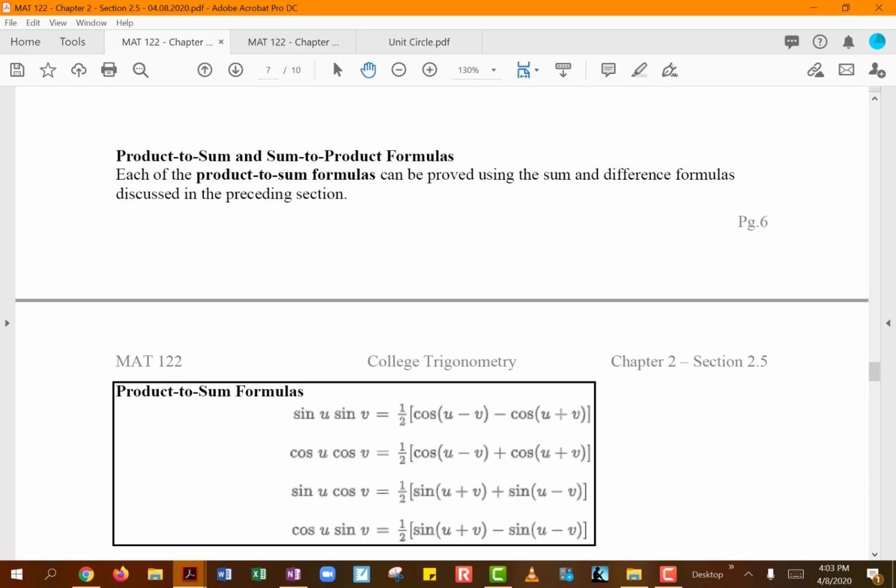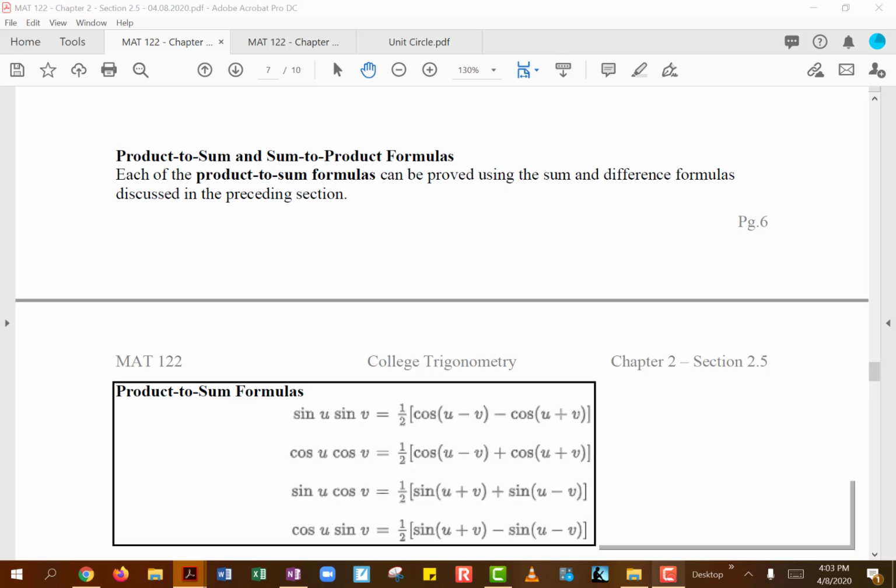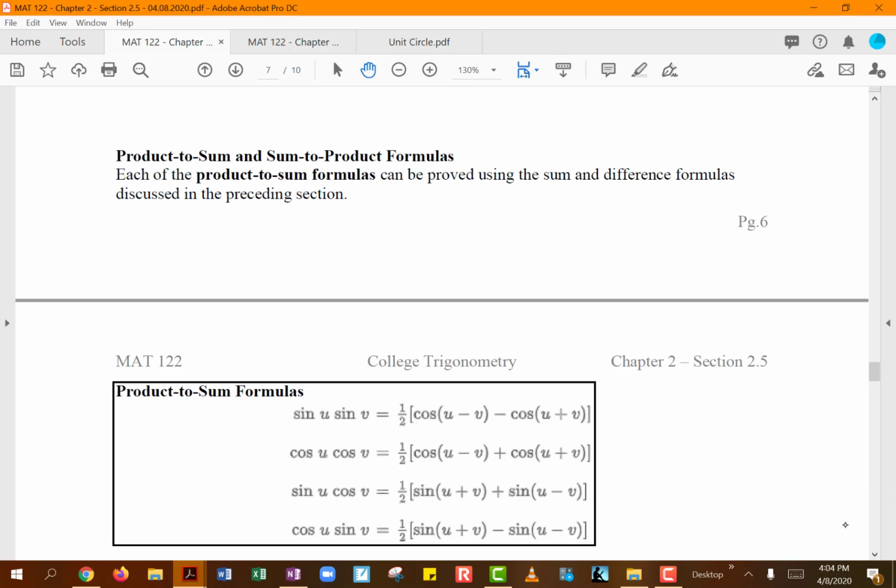Okay, now we are getting into our product to sum and sum to product formulas. As it's telling us here, you can use the product to sum formulas and prove that they are true by looking at the sum and difference formulas from section 2.4.